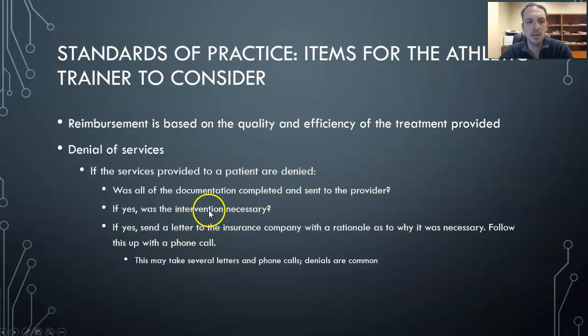And so getting to these further aspects is more difficult. But if you do have a denial of services, for a brace or something that's being ordered, there are abilities to appeal.